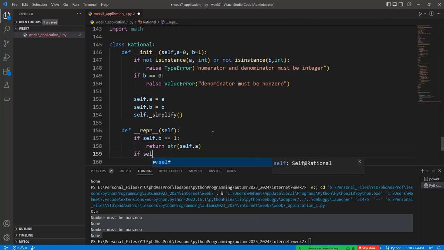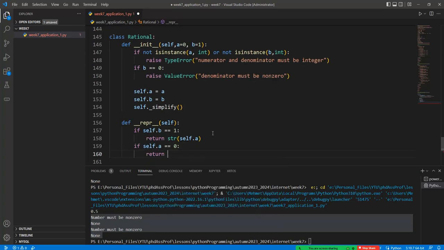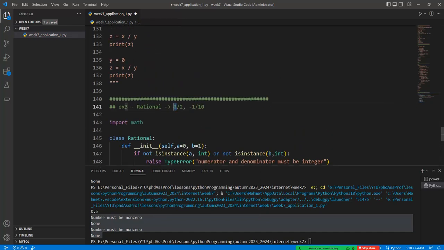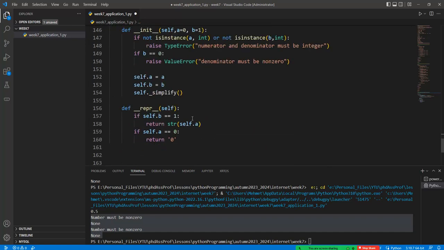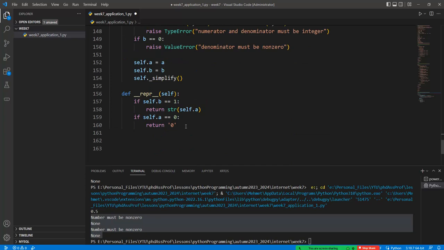And after that, if self.a is equal to 0, then the result is 0, because if we have 0 in the numerator, we will always get the 0 value for rational numbers. And then this is the general representation of the Rational body, for example self.a divided by self.b.